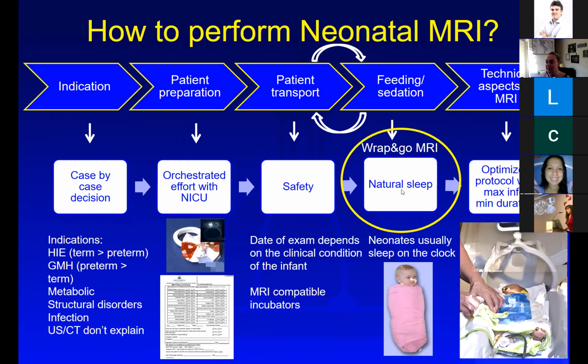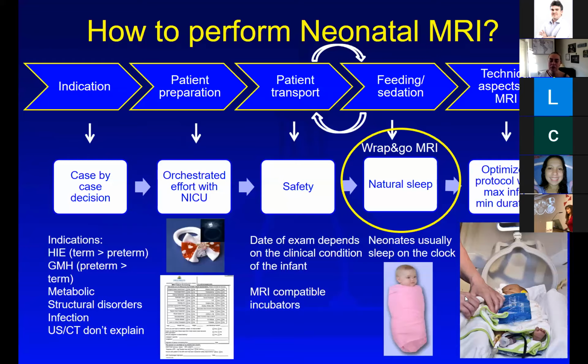So we just transfer them from their little NICU transfer bed into the MRI scanner. We place the coil and put support on each side so that the head doesn't move side to side. They have soft silicone earplugs and ear muffs to cover the same area.